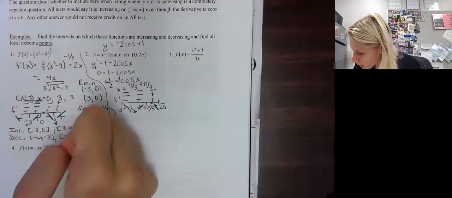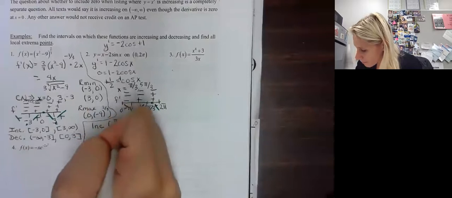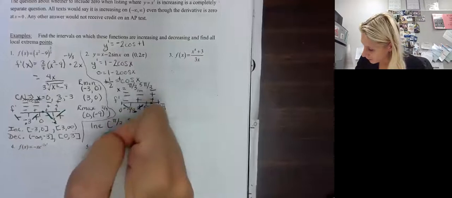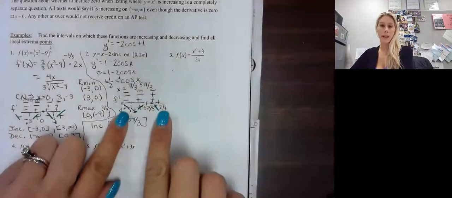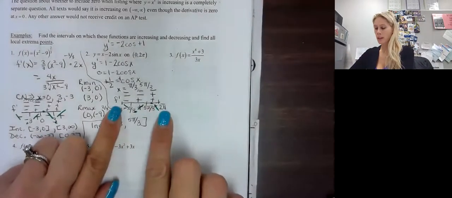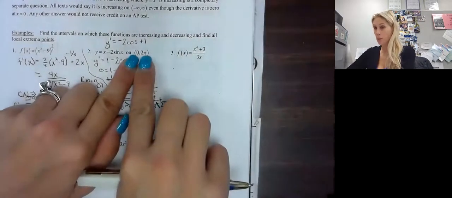Now I can write my interval. So I'm going to write it over here to leave room. So I have increasing from pi over 3 to 5 pi over 3. Now, because we have endpoints here, we're going to use those endpoints. We're not going to negative infinity and infinity. So that's why we wanted to write the endpoints here. Now, the other thing is, if you look here, the endpoints have parentheses.